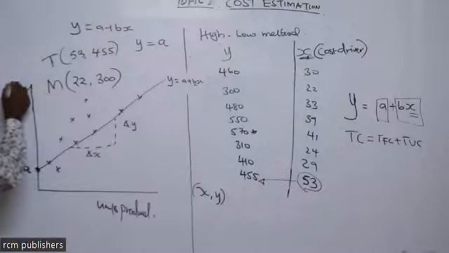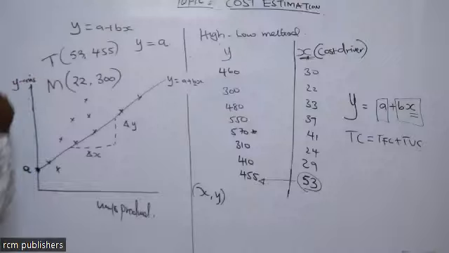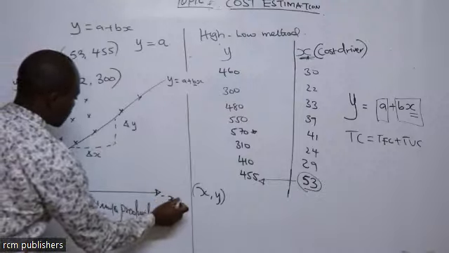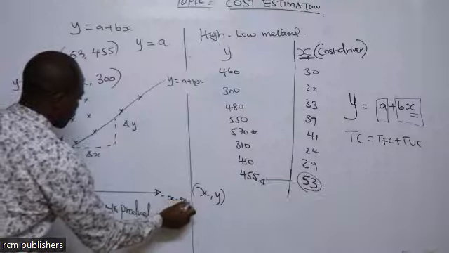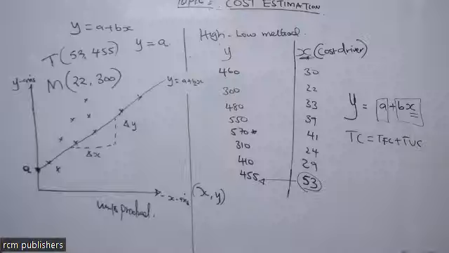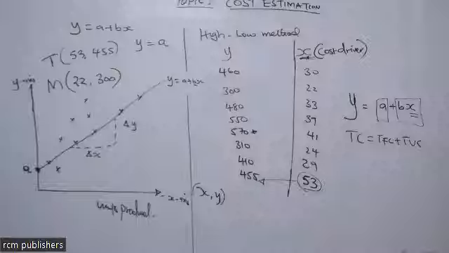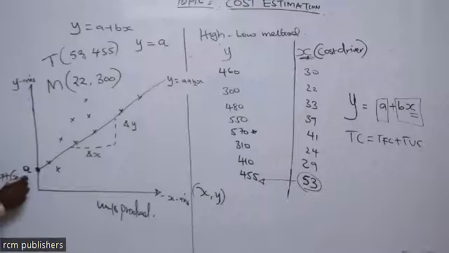When it crosses the y-axis, the point at which it crosses the y-axis is what we call the y-intercept. Y-intercept: x is equal to 0.